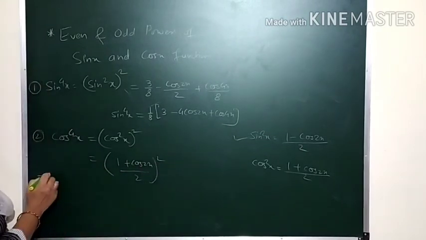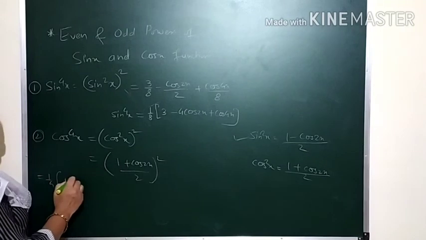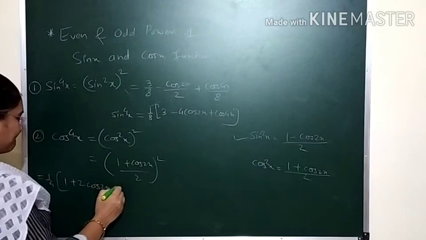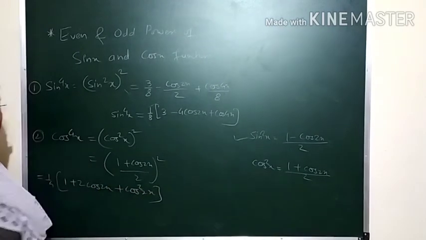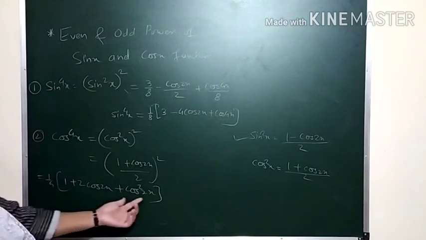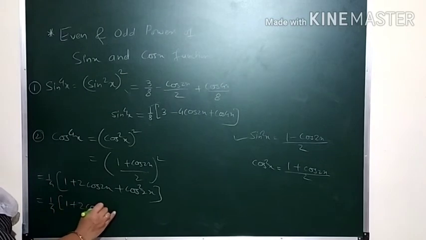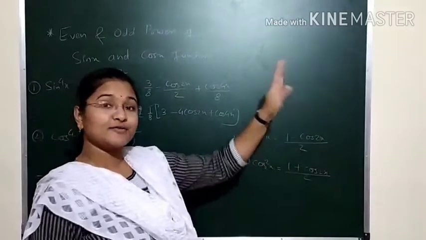So it will be again 1 by 4, 1 square is 1 plus 2 cos 2x plus cos square 2x. Now again we'll put for cos square 2x. It is 1 by 4 times (1 plus 2 cos 2x plus, what is cos square 2x? 1 plus cos 4x by 2).